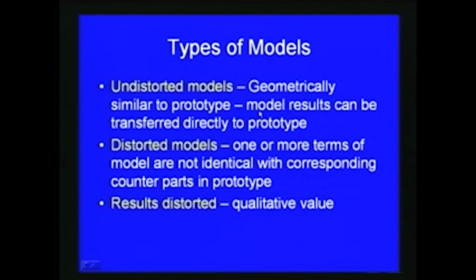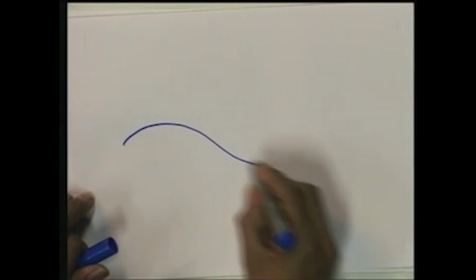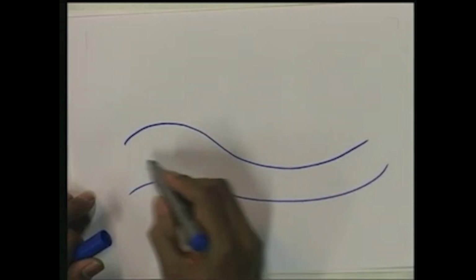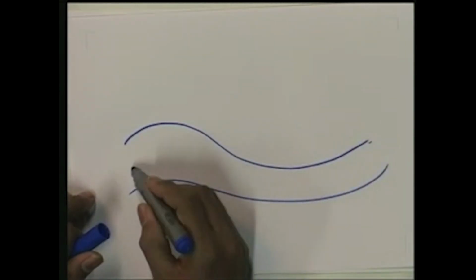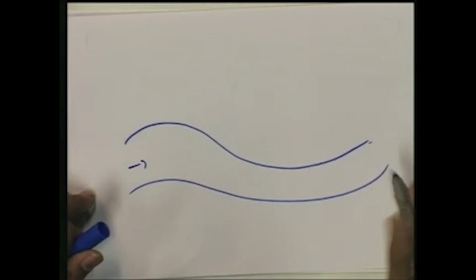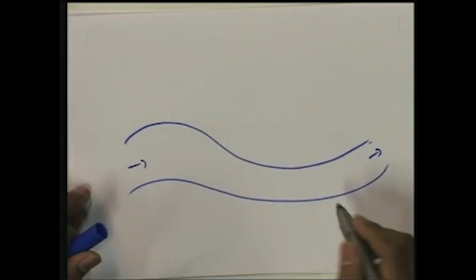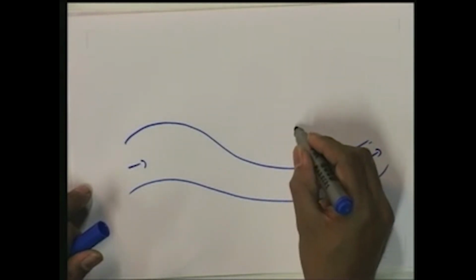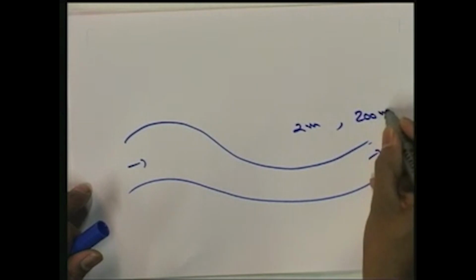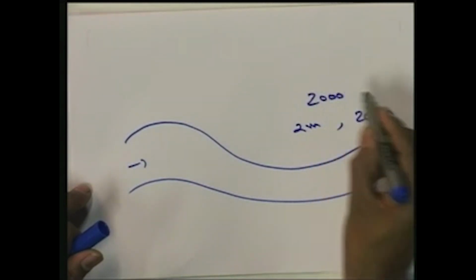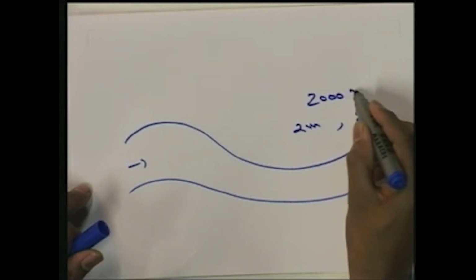But sometimes, like if you do a modeling of a river, the length and width parameters we can replicate, but for depth we cannot use the same scale. If you use the same scale, the depth may be say 2 meters, but the width may be 200 meters and the length maybe 2000 meters.